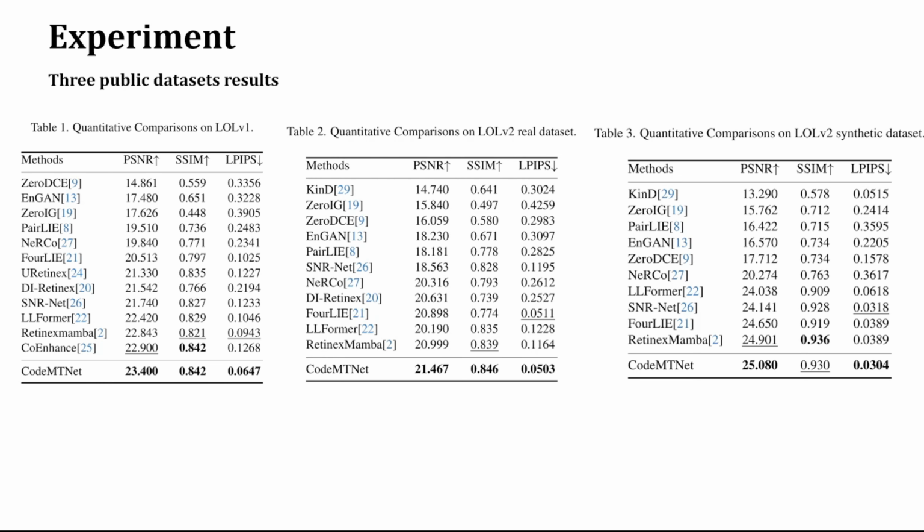On the LOL version 1 dataset, CodeMTNet has achieved approximately 0.5 dB higher peak signal-to-noise ratio than CodeEnhance, which is another codebook-based low-light image enhancement method. The learned perceptual image patch similarity scores achieved by CodeMTNet outperform all state-of-the-art methods on all 3 datasets. It indicates that the restoration results by CodeMTNet are more in line with human perception, demonstrating the effectiveness of our approach.